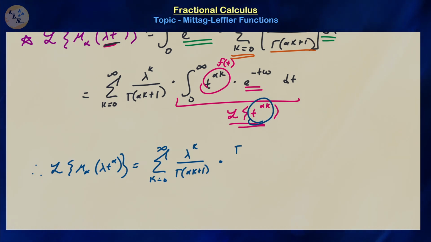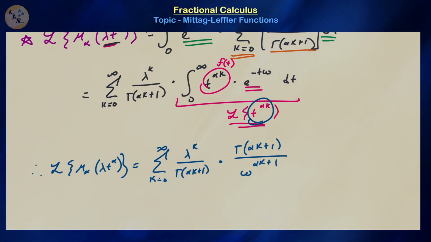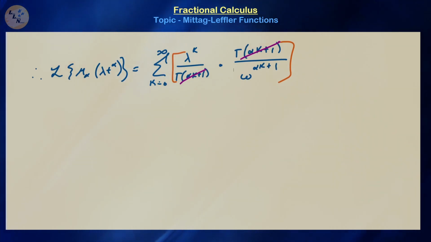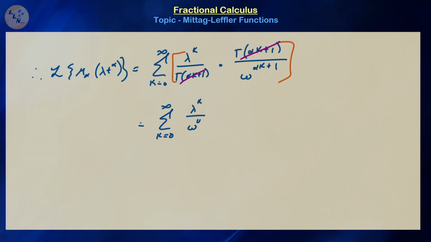That's going to be equal to gamma of that exponent plus 1 divided by omega to that exponent plus 1. And if you notice something beautiful here, we have a couple of cancellations, in particular those gamma alpha k plus 1s, and then we're going to be left with something very nice, in particular the sum from k equals 0 to infinity of lambda to the power of k all over omega to the power of alpha k plus 1. Right? And that's pretty nice.